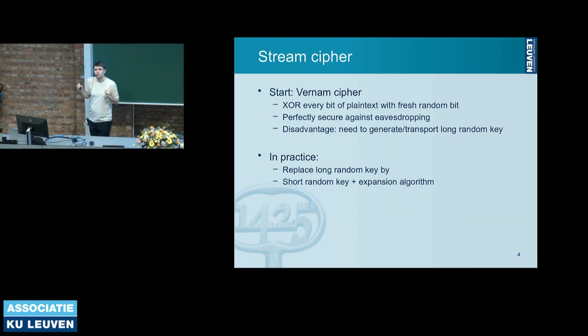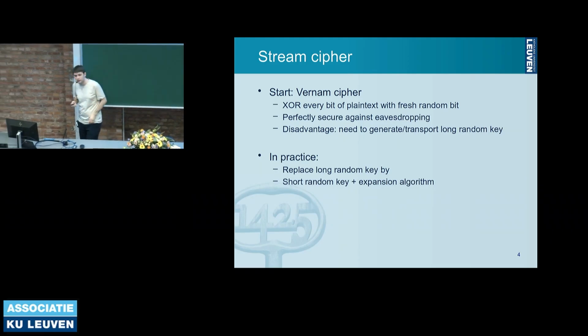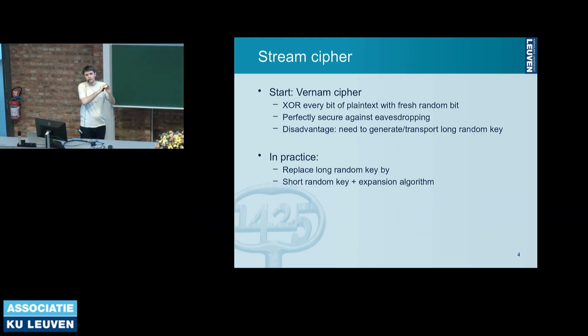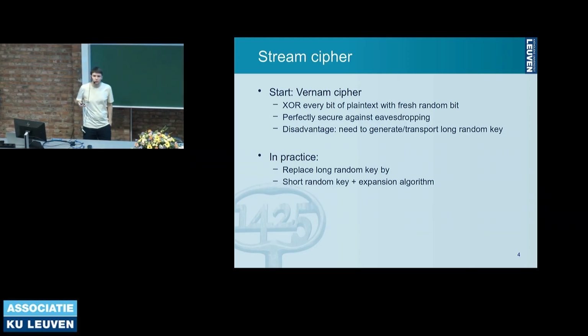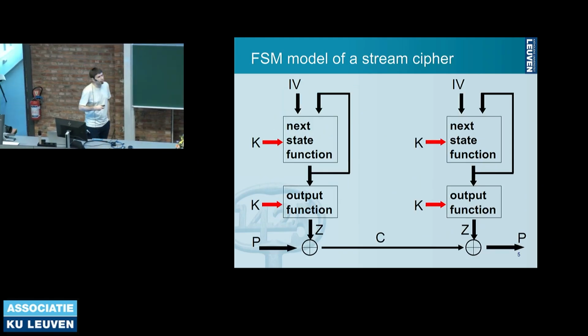That's also what actually happens in a stream cipher. A stream cipher is basically a way to start from a short secret and then generate a long key, or a long key stream, as we call it. You do this using an expansion algorithm. Often in cryptography, we like to draw block diagrams of how these algorithms work.